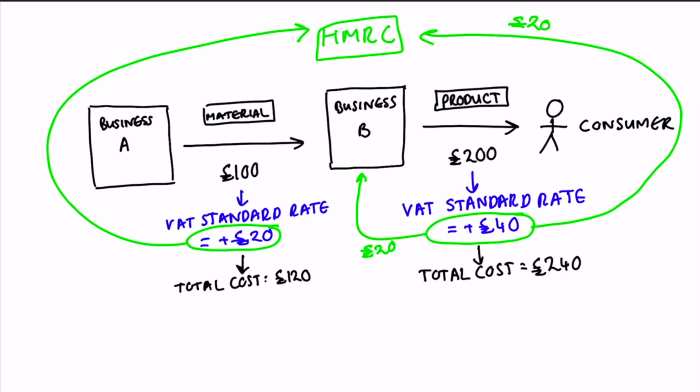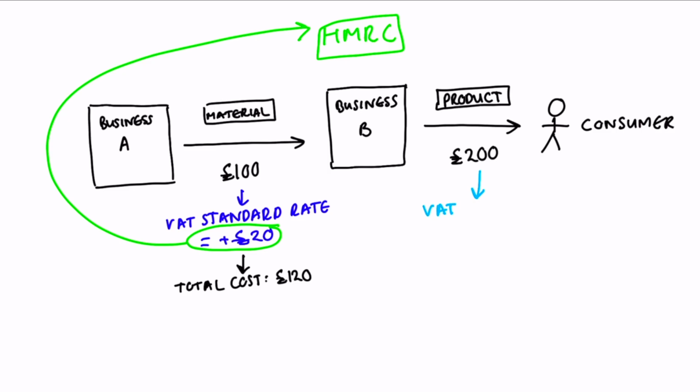Let's change the facts of this scenario to identify why the distinction between zero rate and exempt supplies is so important. If Business B's product was zero rated, the consumer will purchase the product for £200, but not actually pay any VAT, as it is charged at 0%.